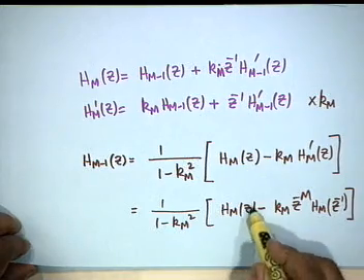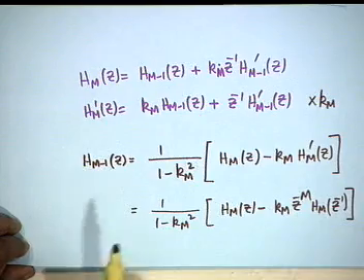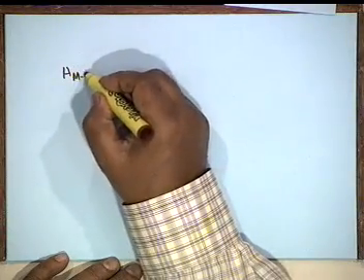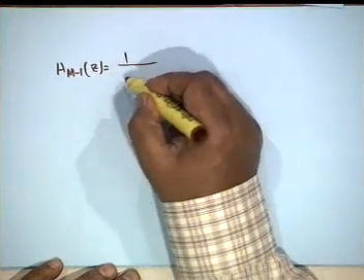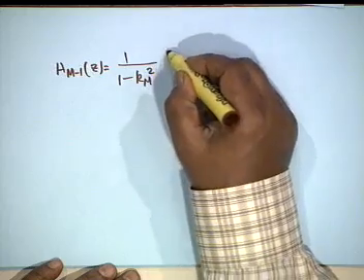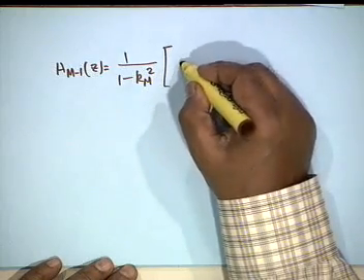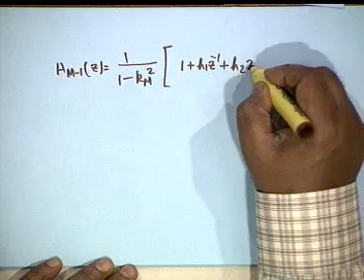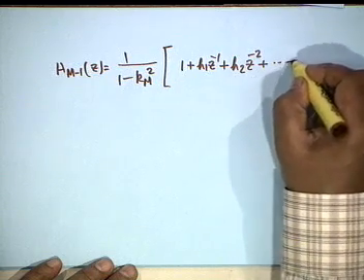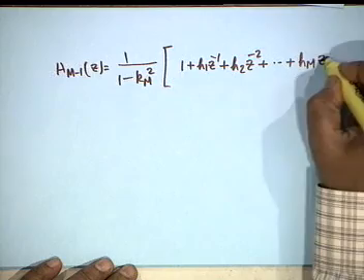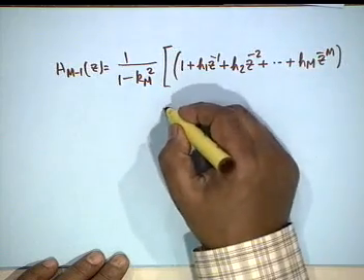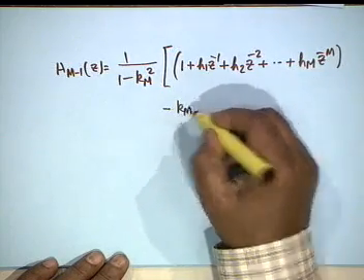Now what I do is I replace H_m(z) by its expanded form. That is, I write H_{m-1}(z) equal to 1 by 1 minus k_m squared, times H_m(z), which is 1 plus h_1 z^{-1} plus h_2 z^{-2} plus etcetera plus h_m z^{-m}, then minus k_m.